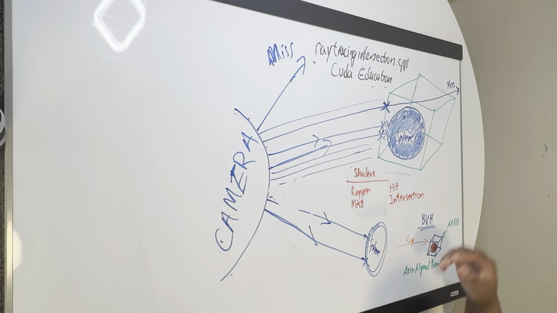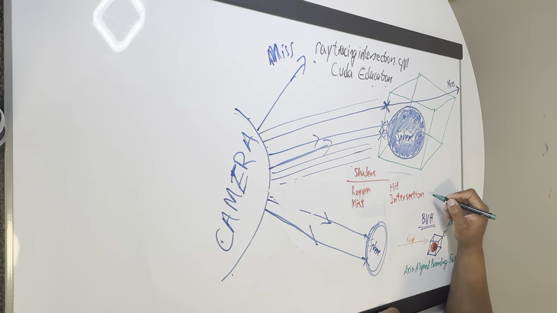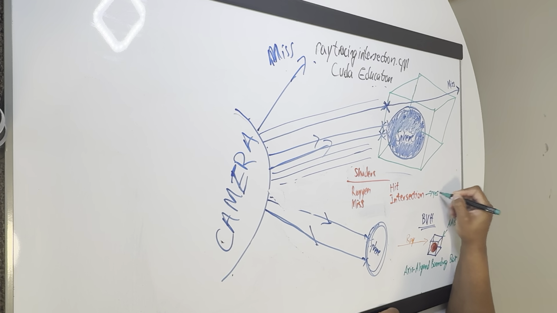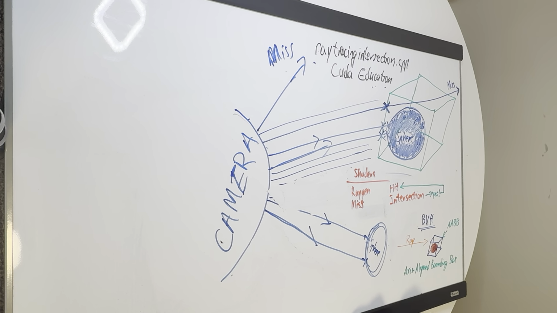When a hit is recorded and the intersection shader says, intersection, yes, then we call the hit shader.